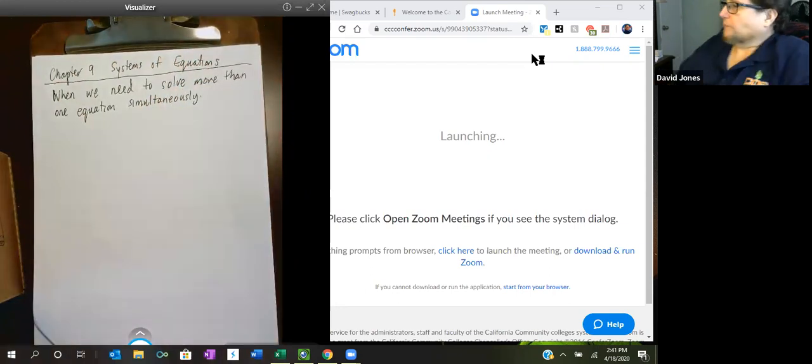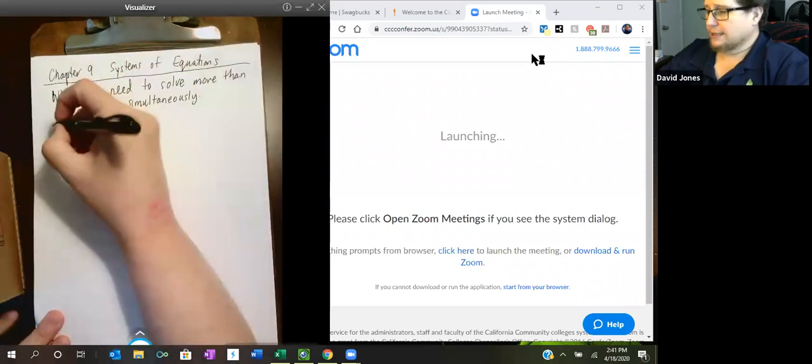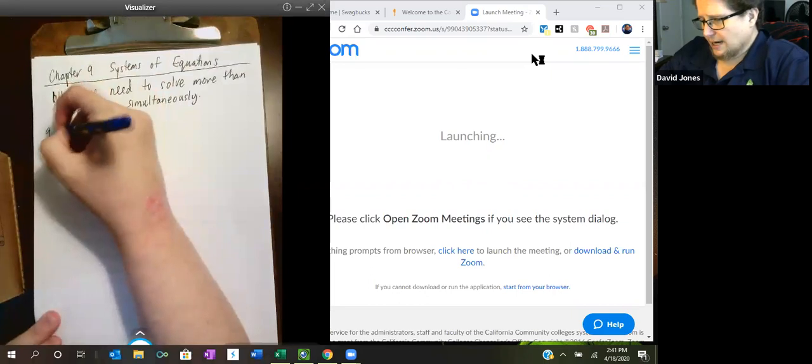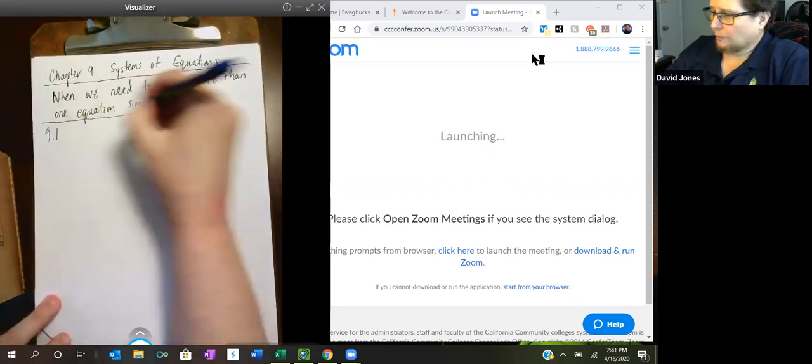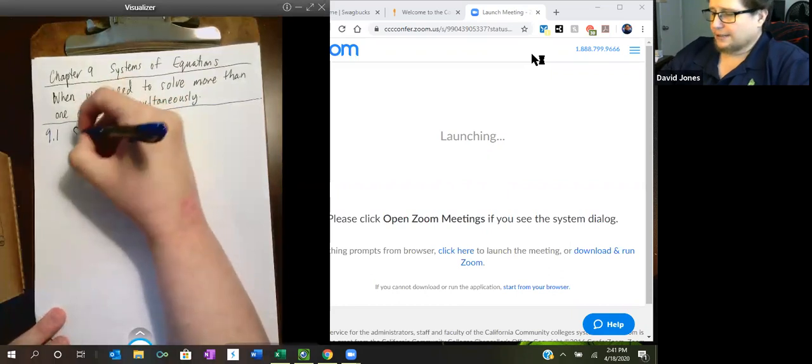So let's just go over some of the basic methods we've had. This first section is 9.1. Start there. And these are the fundamental operations. So solving systems of equations.